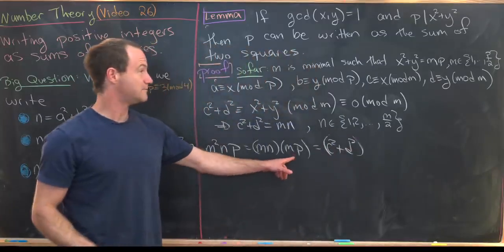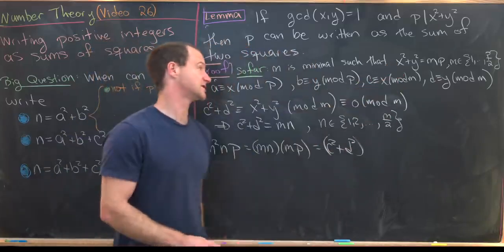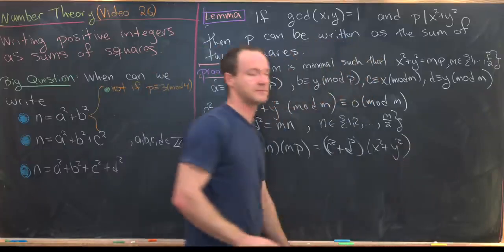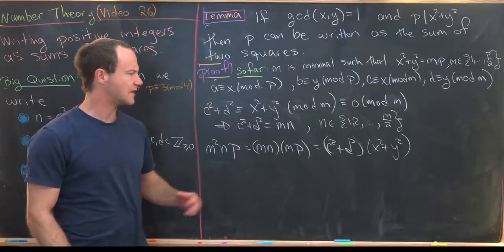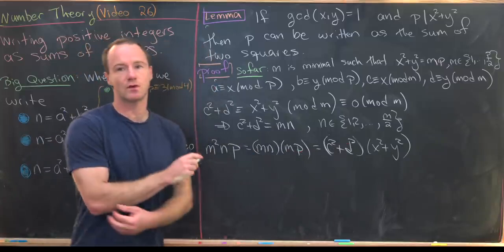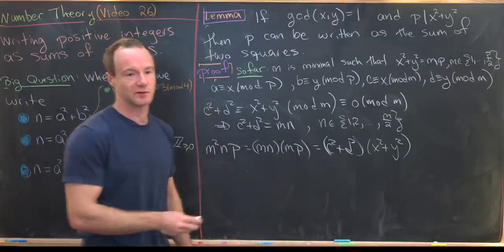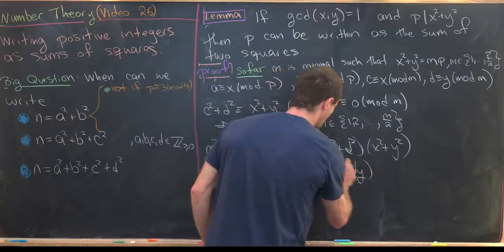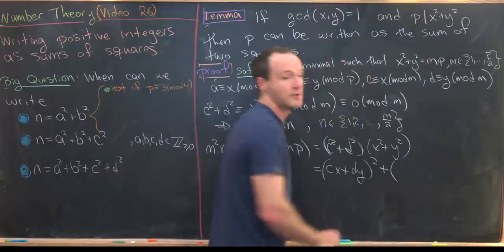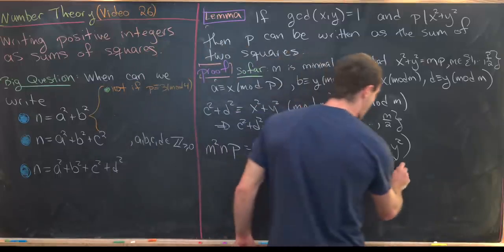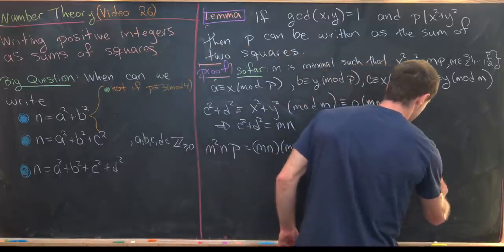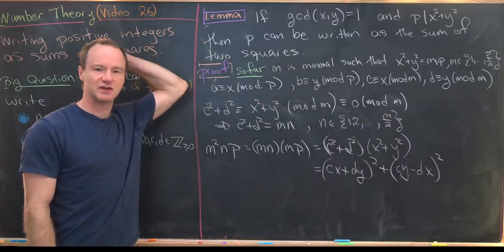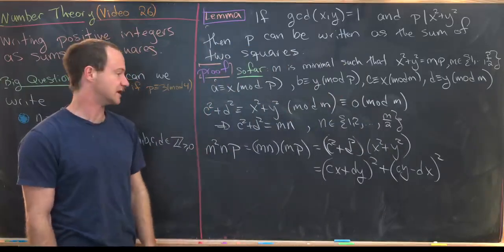And then mp was this sum of squares, so it's x squared plus y squared. But then we know if we've got the product of two sums of squares, that's also a sum of squares. So in this case, it's cx plus dy quantity squared plus cy minus dx quantity squared. That follows from the proof of the proposition that we had at the beginning of this video.